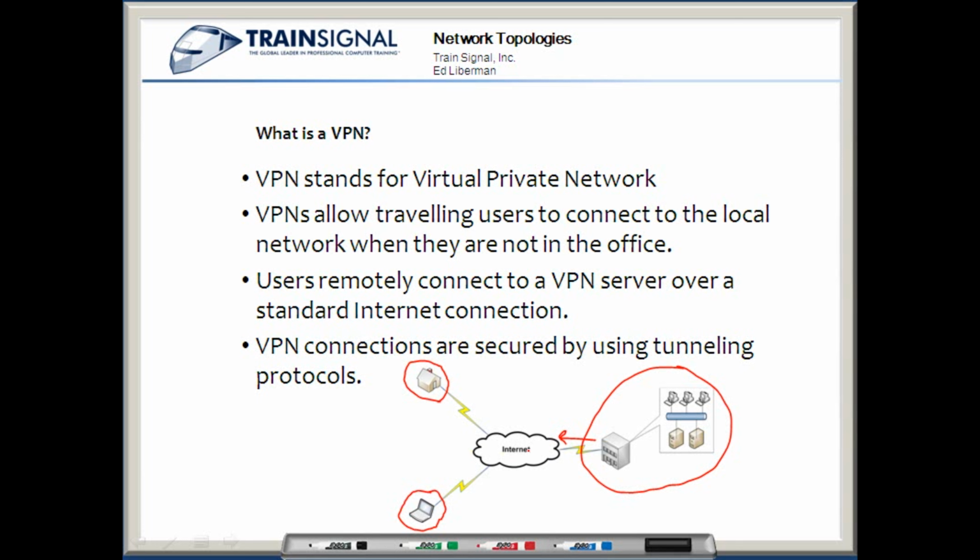But the problem is, as you go through this internet cloud here, it's not very secure, is it? And how is this part of your private network? Well, VPN connections are secured by using what's called a tunneling protocol. So basically, a tunnel is created from wherever the local user is through the internet to your local network, thus making it virtually private.